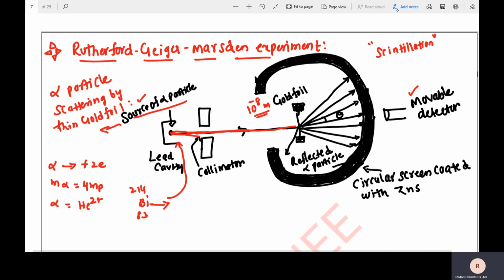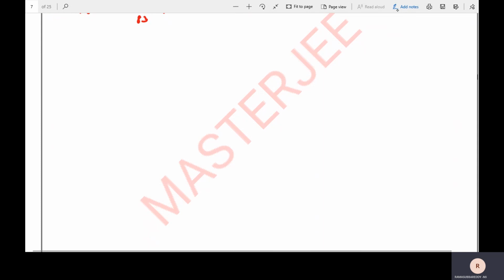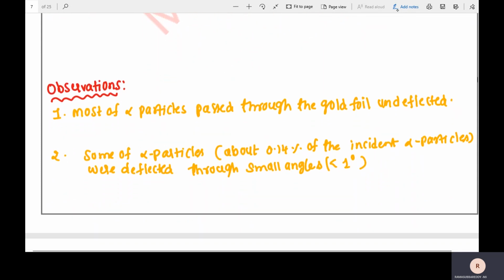When the beam is incident here, a flash occurs like this, and that flash is observed by the movable detector. That is the working of the Rutherford-Geiger-Marsden experiment.